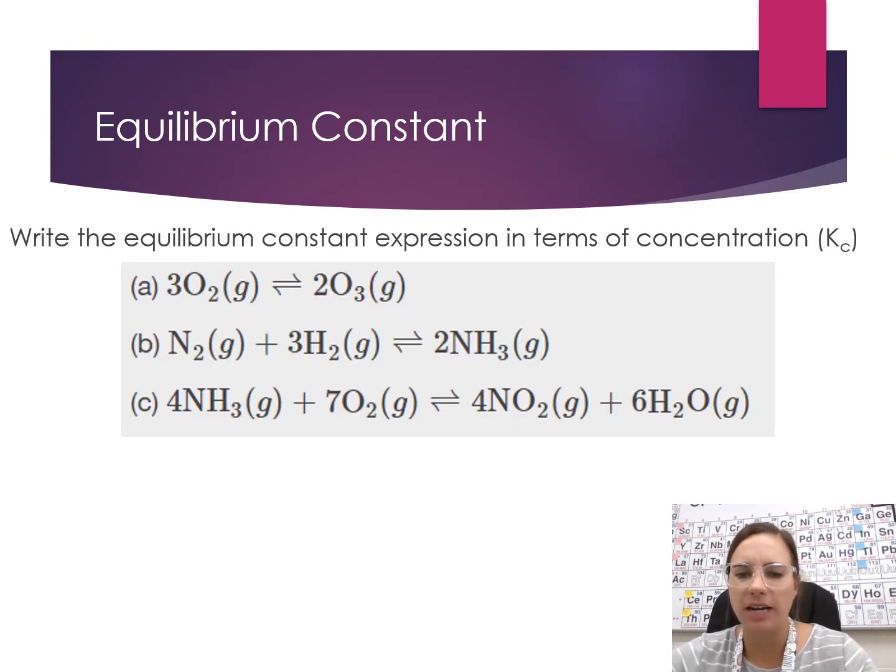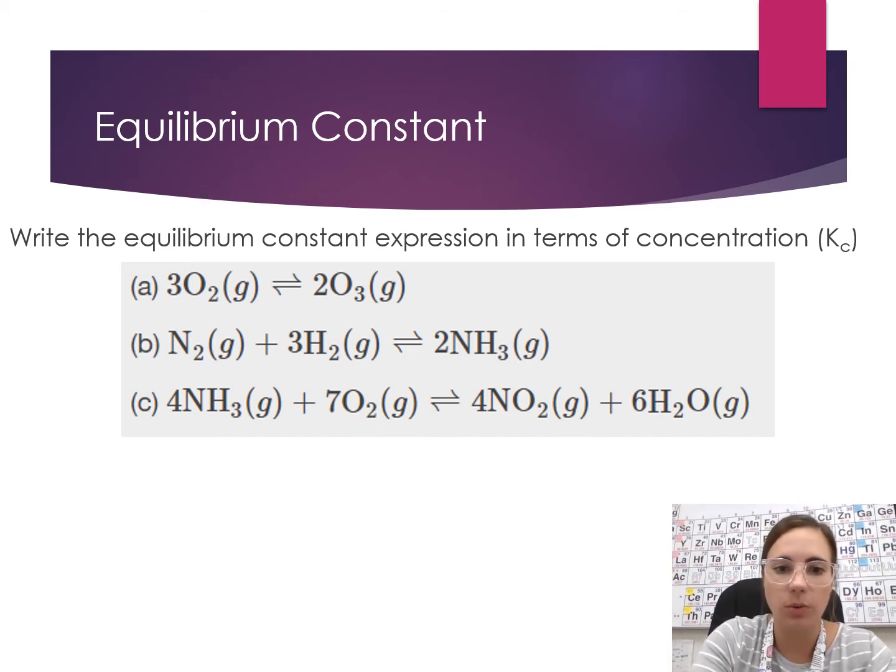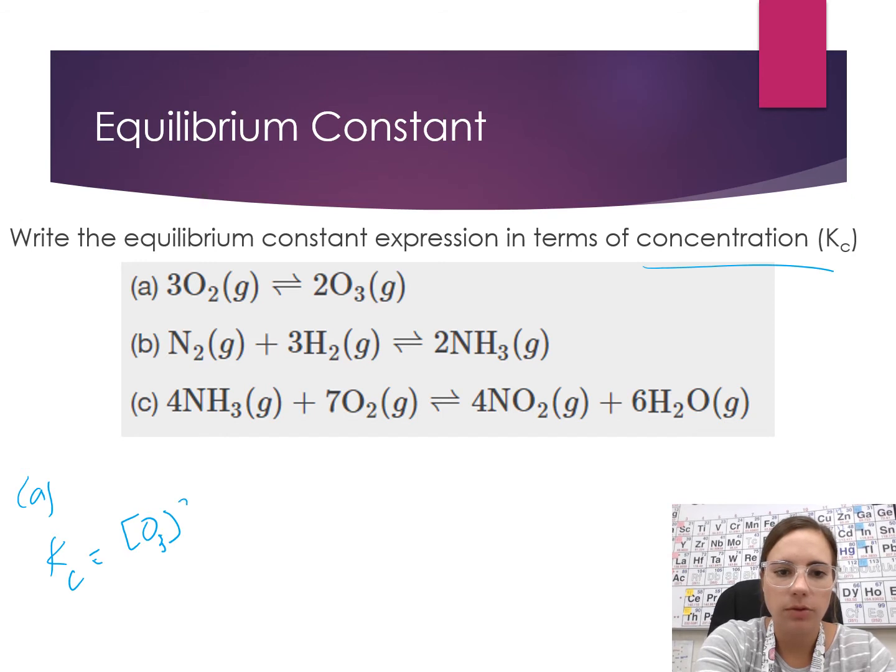Okay, so let's do some practice. Really simple. Just go ahead and pause the video if you would like, and then come back to it and see the answers for the equilibrium expressions. So this tells me to do it in terms of Kc. So Kc equals products over reactants, so O3 squared over O2 cubed.